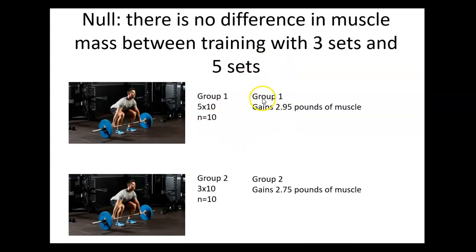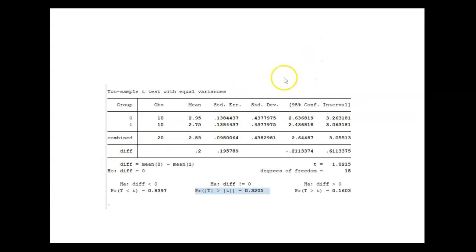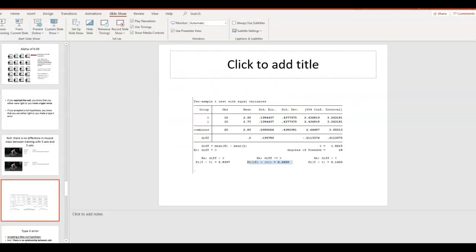So group 1 goes through your training protocol and they gain 2.95 pounds of muscle, and group 2 gains 2.75 pounds of muscle. So you want to see if the difference between these two groups is significant. So this is our output, and I'll show you how that's done.